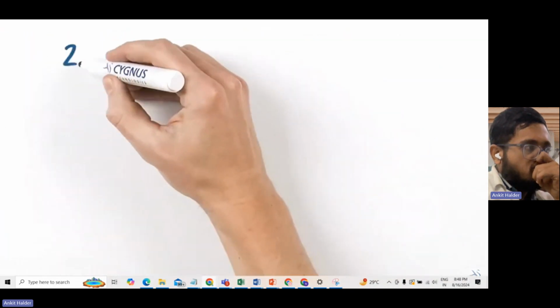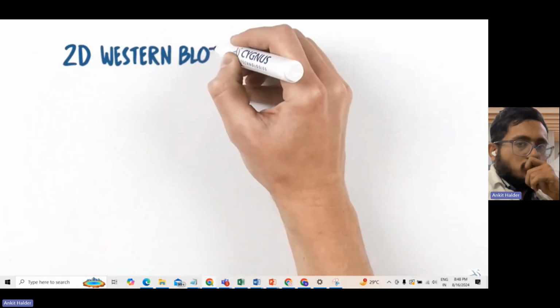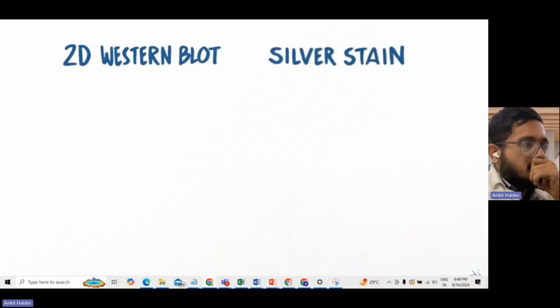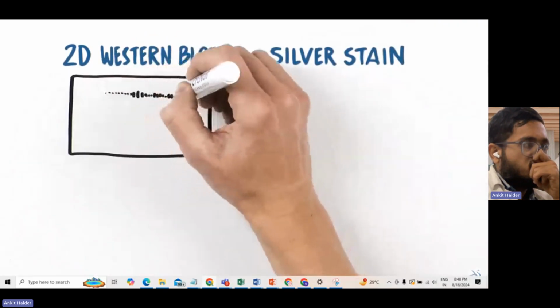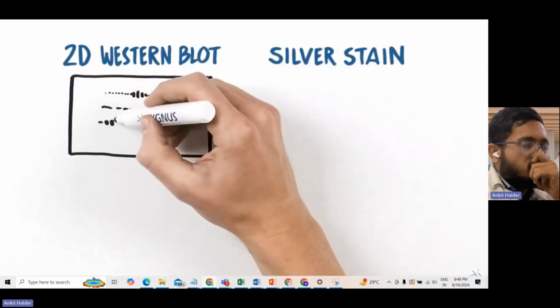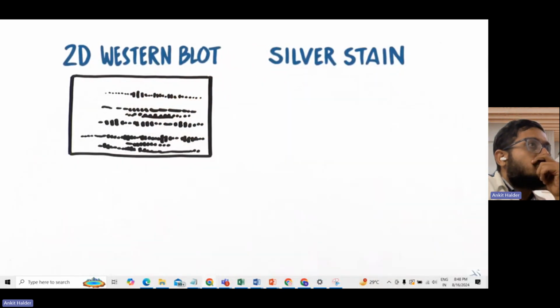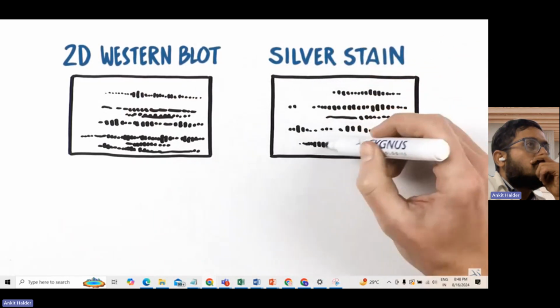The traditional coverage method is a 2D Western blot compared to a silver stain. This process shows the coverage through counting the unique spots that appear in both the 2D Western blot and the silver stain.